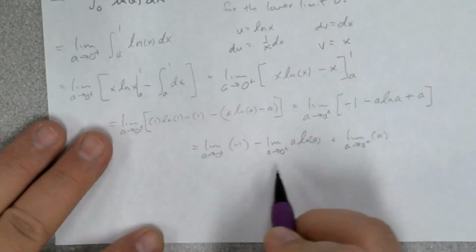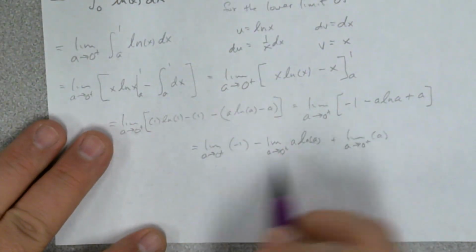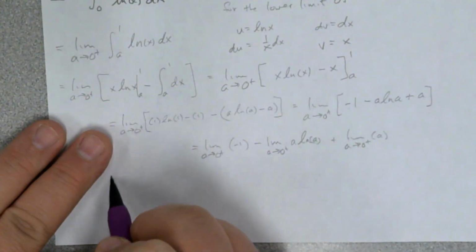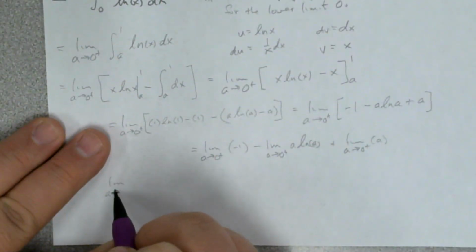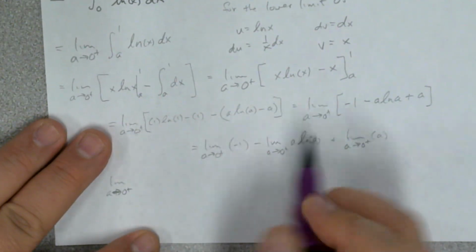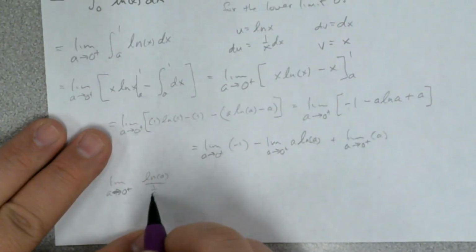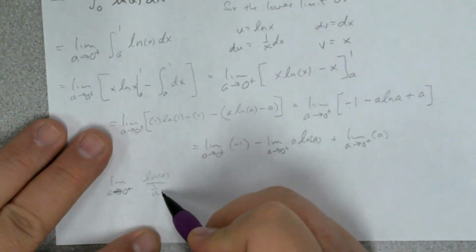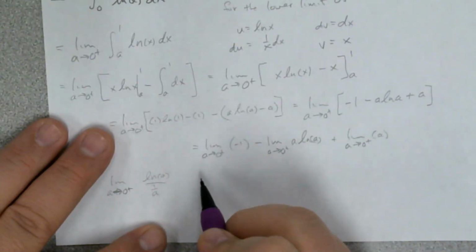So we have to go and use L'Hopital's rule. This right here is the indeterminate form. So what is the limit as a goes to 0 plus of this? We need to rewrite it as the natural log of a over 1 over a. And now I have infinity over infinity, which is an indeterminate form, which means I can take the derivative of it.